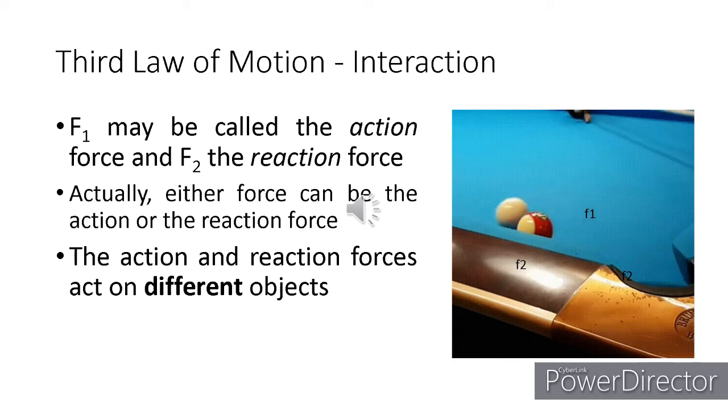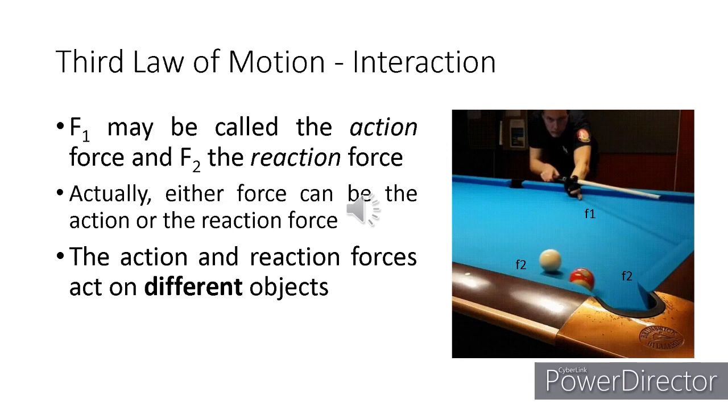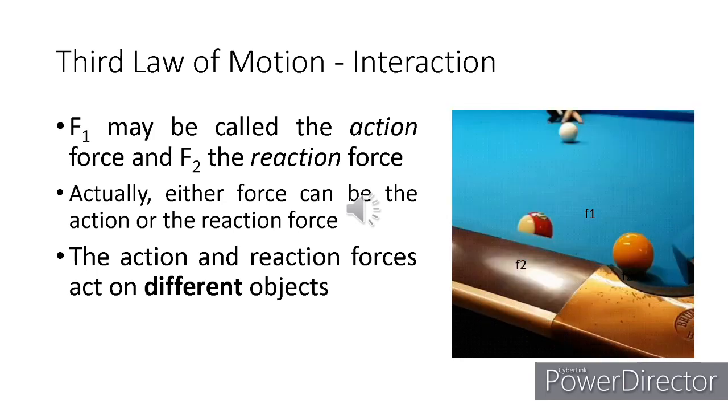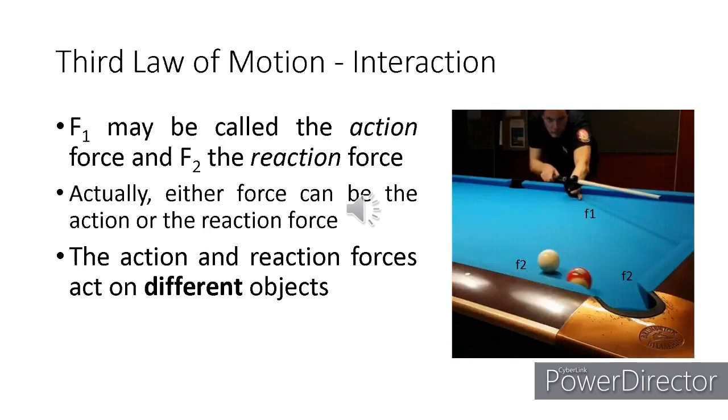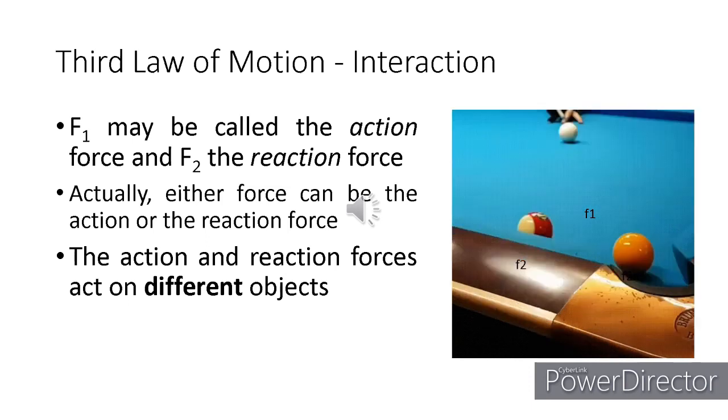So, there is an action-reaction. Kapag tinawag kasi natin the law of interaction, equal yung forces ng bawat isa. Kumbaga, kung gaano yung force na in-exert ng isang object ay equal sa force na babalik sa kanya.